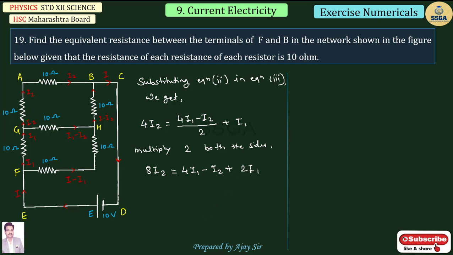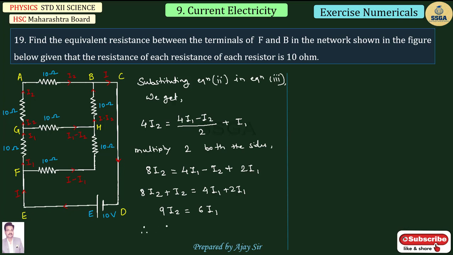Now let us combine the I2 terms. This minus term we shift to the left hand side. This is 8 I2 plus I2, and this is 4I1 plus 2I1. Therefore this is 9I2 which is equal to 6I1.